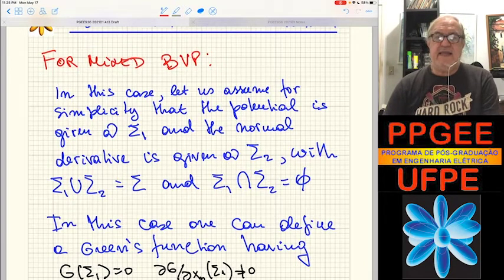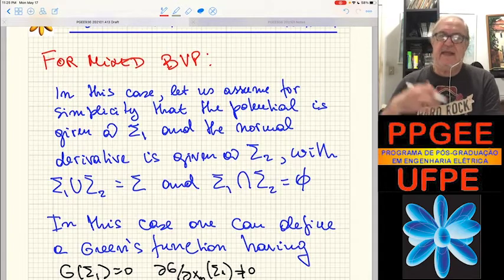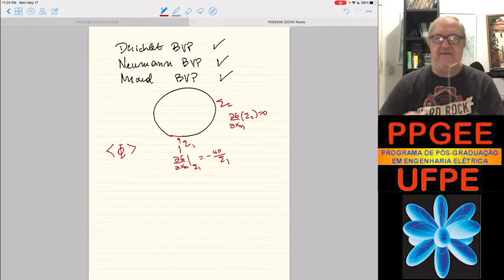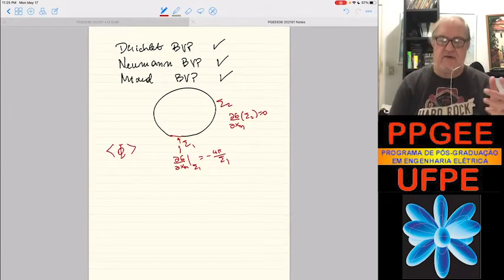we assume that the potential, let's say that we have two surfaces, right? Let's assume we can have a very complex domain, border of the domain.